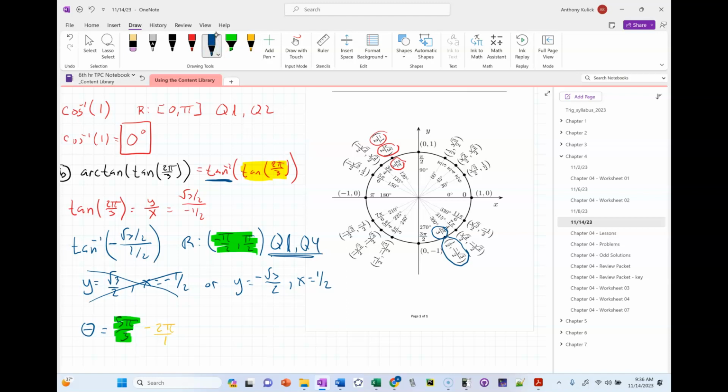So what do I have to do to subtract 2 pi from 5 pi over 3? I need a common denominator. That common denominator would be 3. So 5 pi minus 6 pi is negative pi, and the denominator is 3. Negative pi over 3 is definitely between negative pi over 2 and positive pi over 2, because I know a third is less than a half.